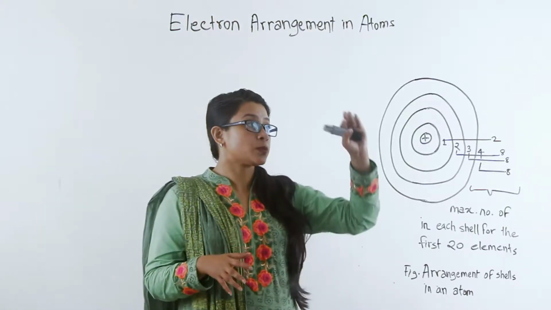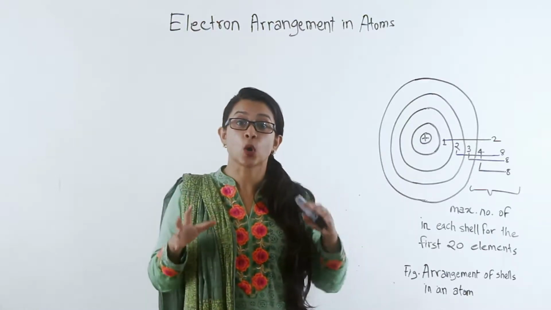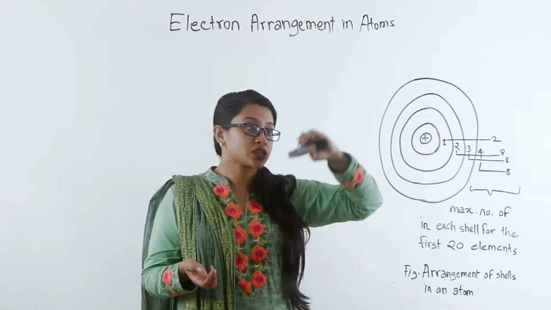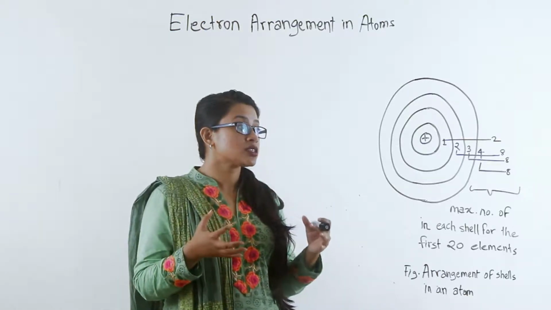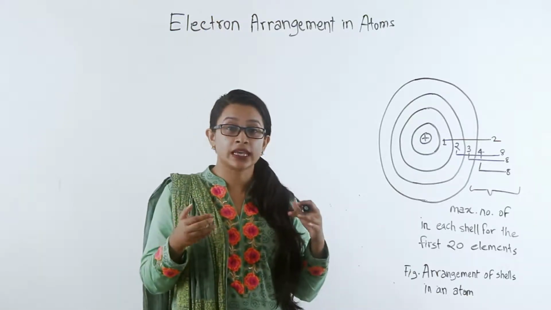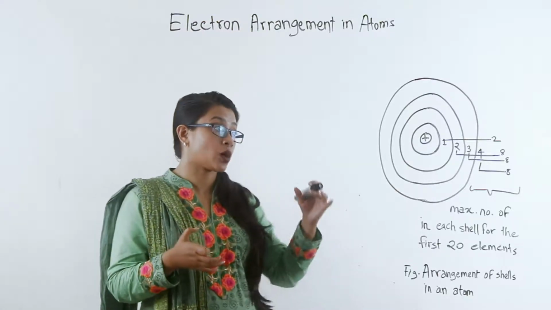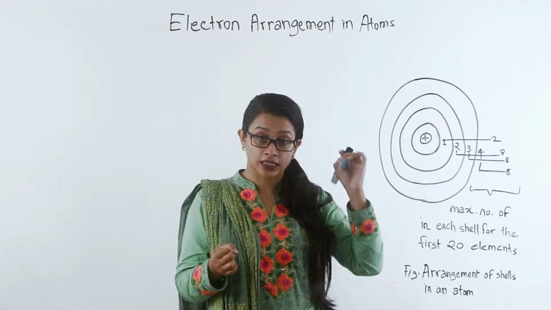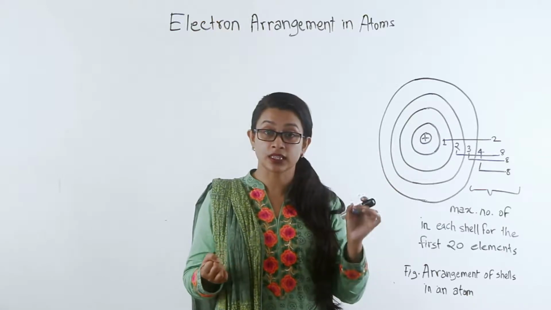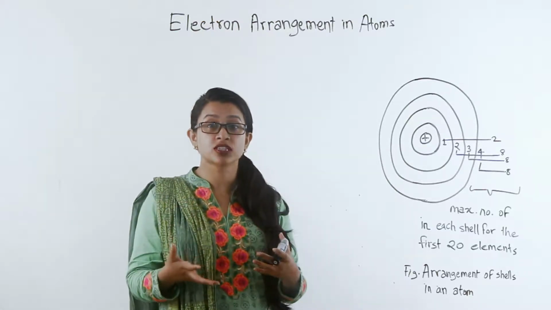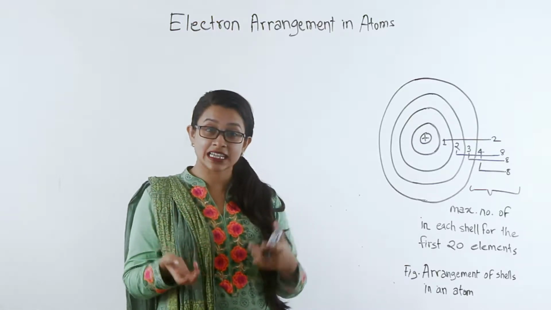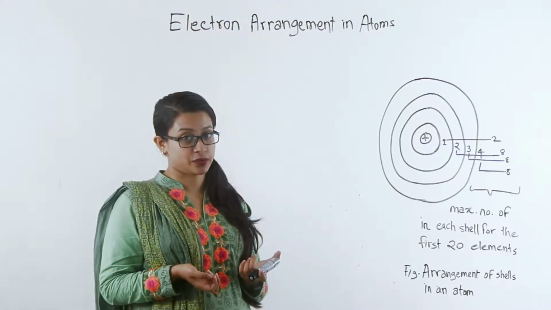That force is putting the electron in the orbit of the nucleus. The electrons are moving around, and the closest electrons to the nucleus are undergoing the strongest electrostatic force of attraction.